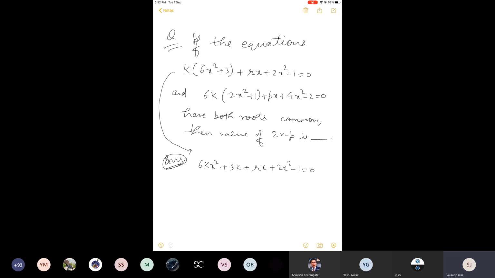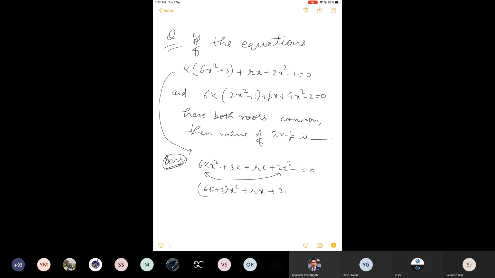So standard form is collecting terms of x square, x and constant. So we will write these two together: (6k plus 2) x square, then r into x, and finally 3k minus 1. Always write the equations in standard form. Otherwise you will not be able to use the condition actually.